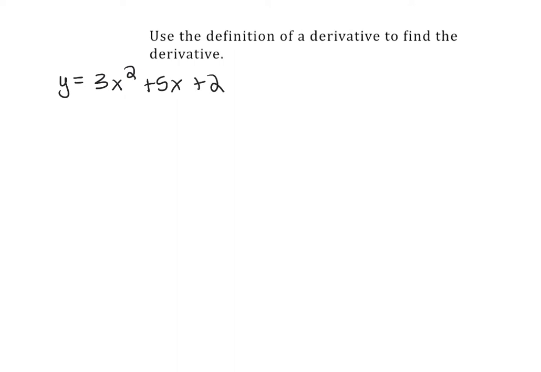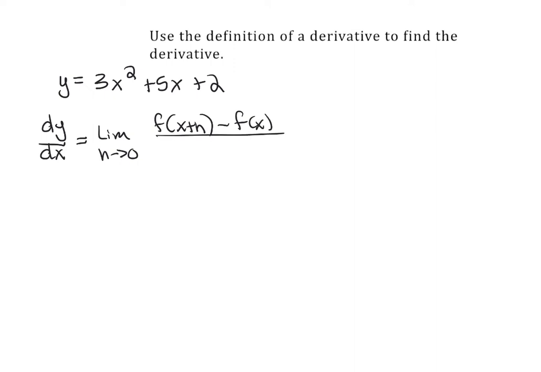I want to find the derivative. dy over dx is equal to, and I'm going to do this by using the limit definition. So I'm going to write that out first: the limit as h approaches 0 of f of x plus h minus f of x all over h.